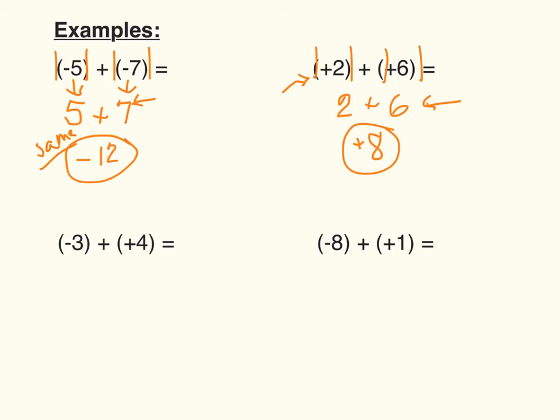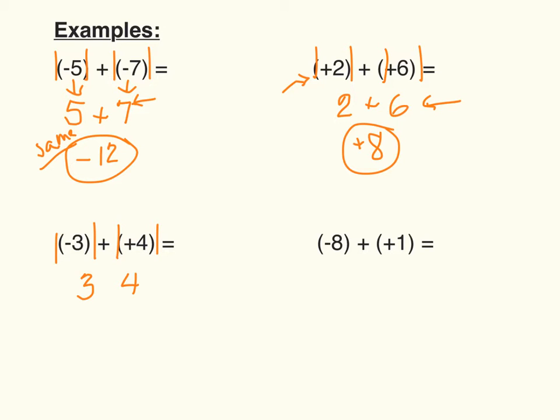Now, our next problem down here, we've got -3 plus +4. We'll find the absolute values. The absolute value of -3, remember, absolute value is always a distance. How far is that number away from 0? So -3 is 3 units away from 0. And the absolute value of +4 is 4. And now we go right to our song. If the signs are the same, find the sum. They're not the same.